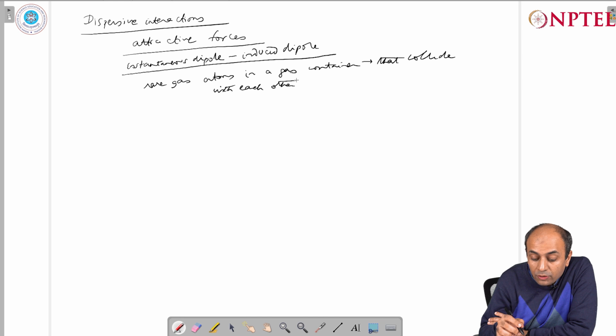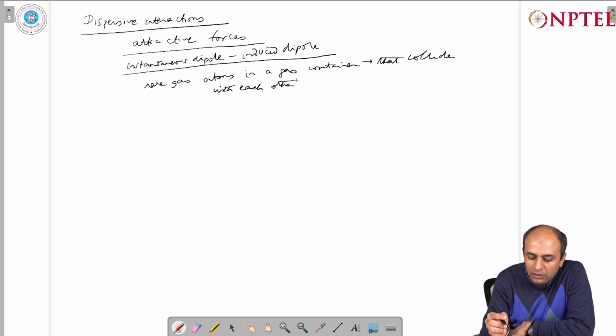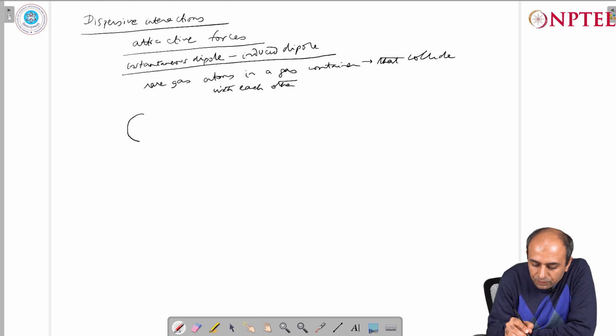So now if you reduce the volume which is available between the rare gas atoms in a particular container, then these atoms are going to come further and further close to each other. It is also important to realize the maximum extent to which two atoms can come close to each other. So when we now have two atoms, we consider two spherical atoms.